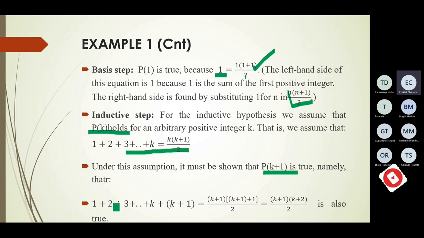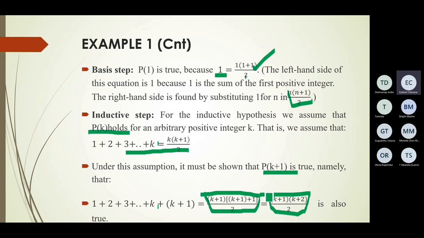So we've got 1 plus 2 plus 3 plus, here we need to put this k, and then the next term, which is the k plus 1 term, which must also be equal to, we substitute n with k plus 1 and this n with k plus 1 here, plus 1 over 2, which will give us, here is k plus 1, which is k plus 2. So this one will give us this result here.